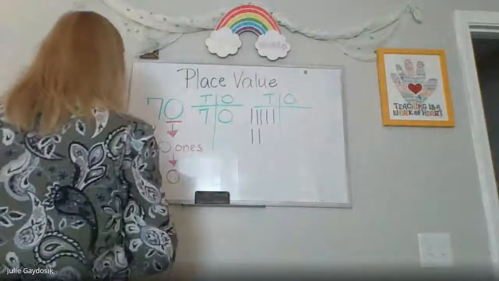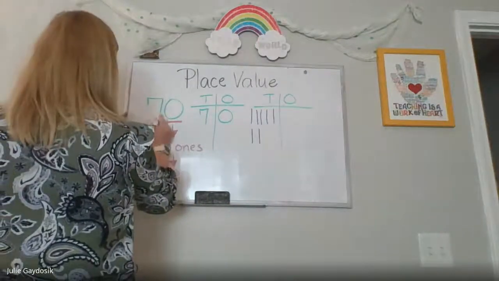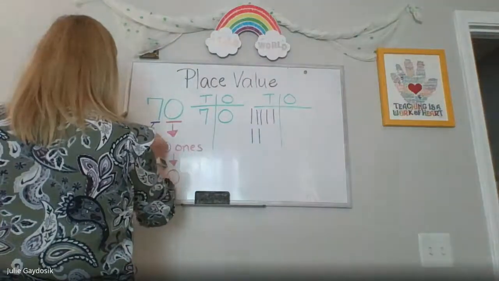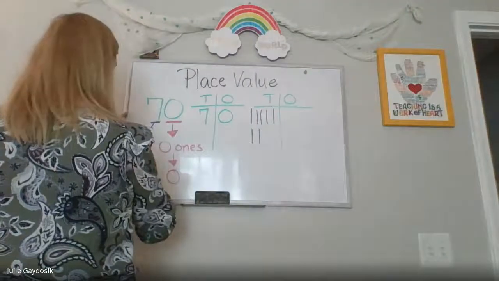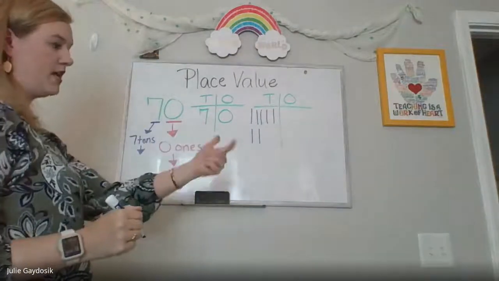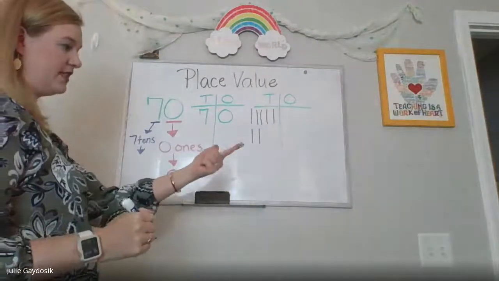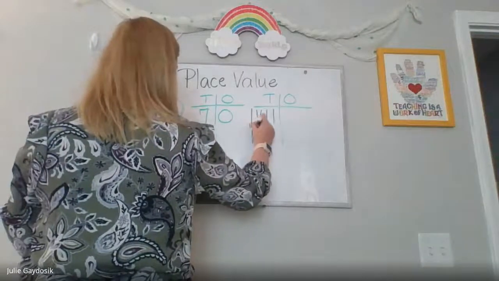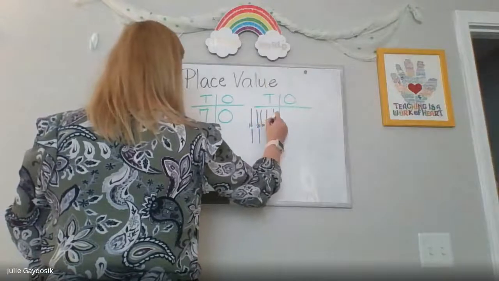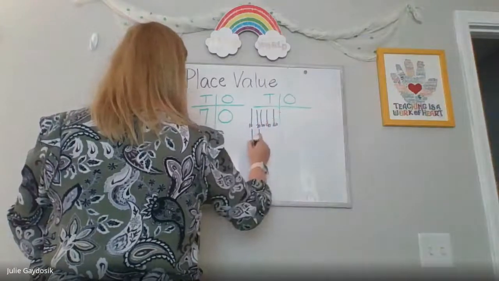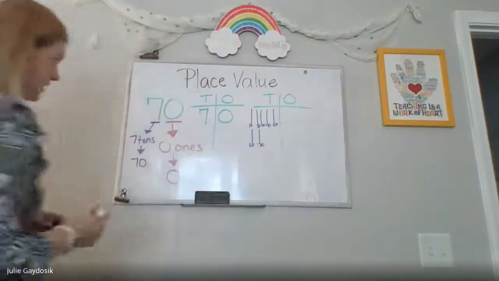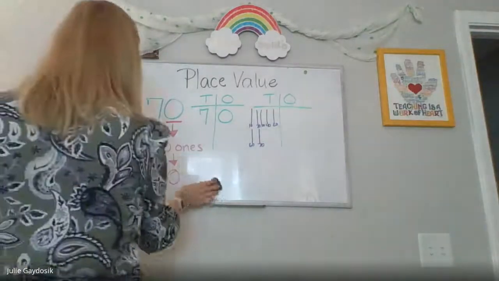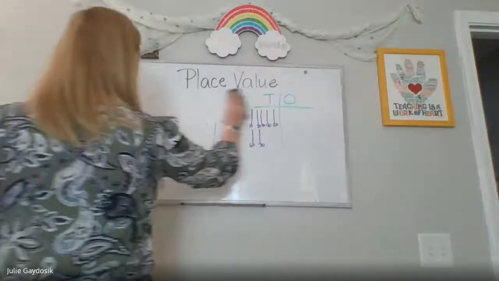But my tens are worth 7 tens, which if you count those out, 7 tens, 10, 20, 30, 40, 50, 60, 70. Do it here, 10, 20, 30, 40, 50, 60, 70. All righty. So that's that one.